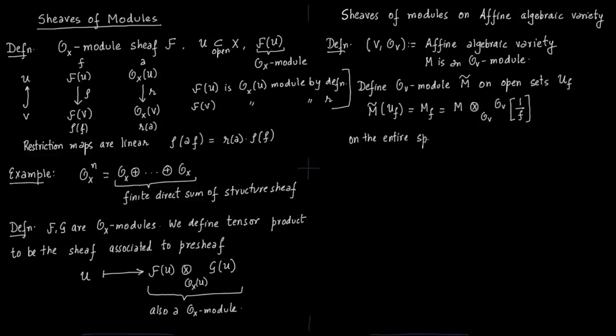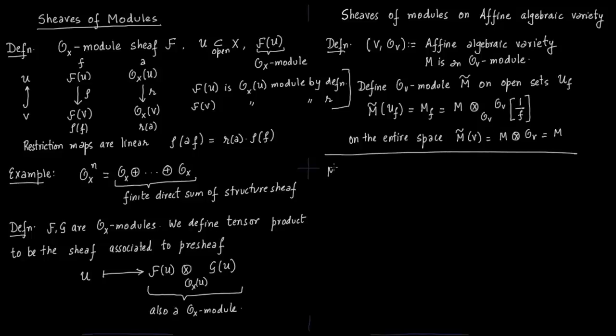And on the entire space you should recover the module you started with, the module M, just like in the structure sheaf. So this is just M, because M is an O of V module. That is pretty much it.